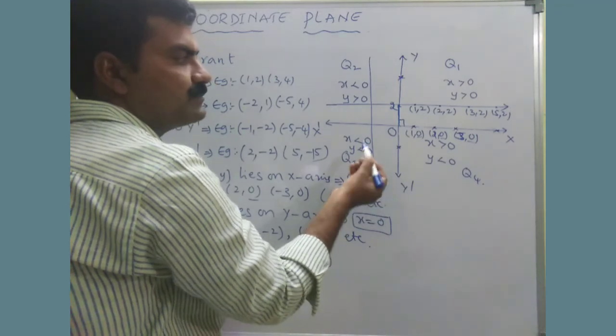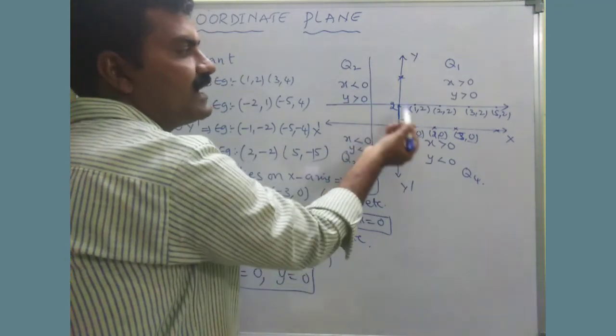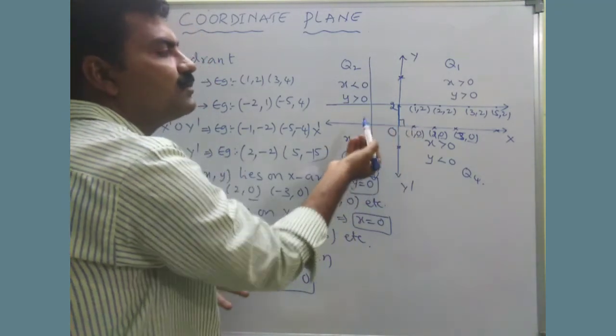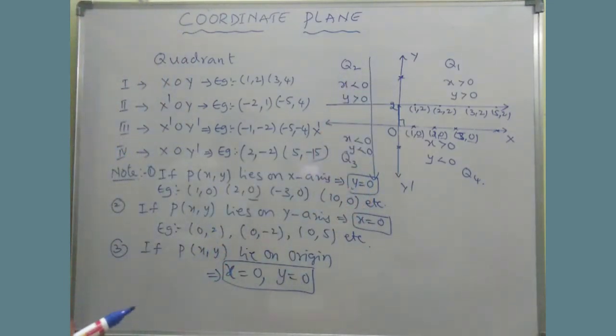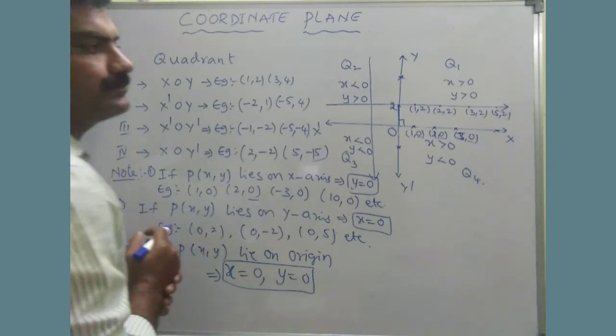This is the line, for example, which is parallel to the y-axis, or usually we call it a vertical line. Now what do you observe here? On a vertical line, the x coordinates of all the points are same.